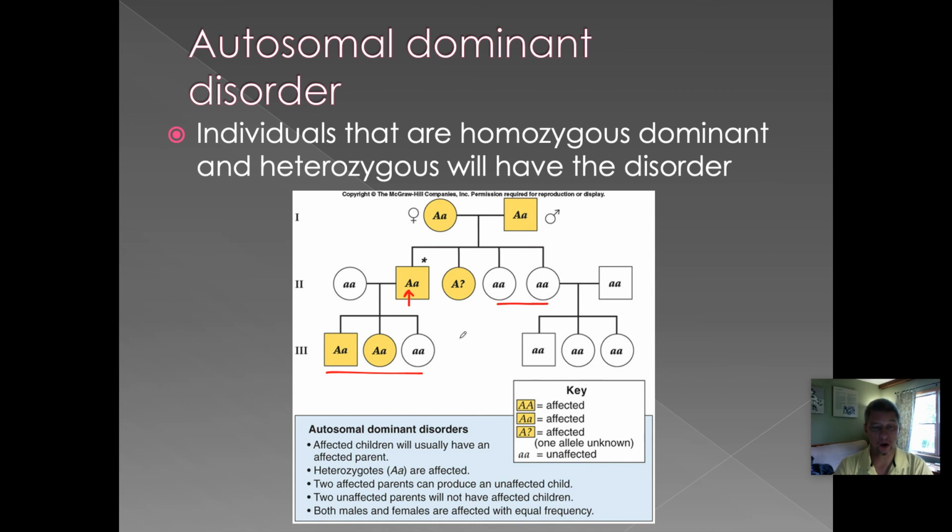Heterozygotes, of course, are affected. But if two heterozygous parents reproduce, they can have an unaffected child. Two unaffected parents, however, will never have an affected child because they don't have that dominant gene to pass on. And just like with autosomal recessive disorders, both males and females are affected with equal frequency.